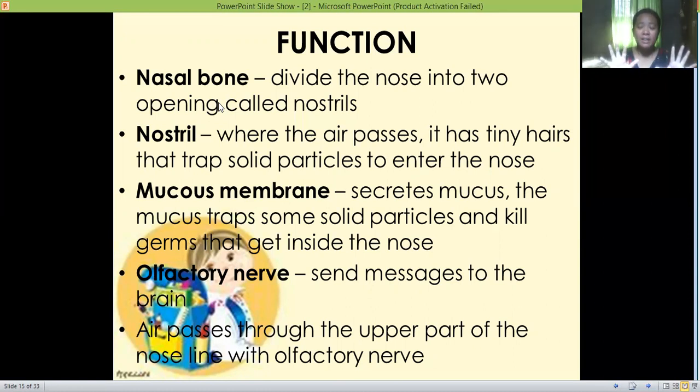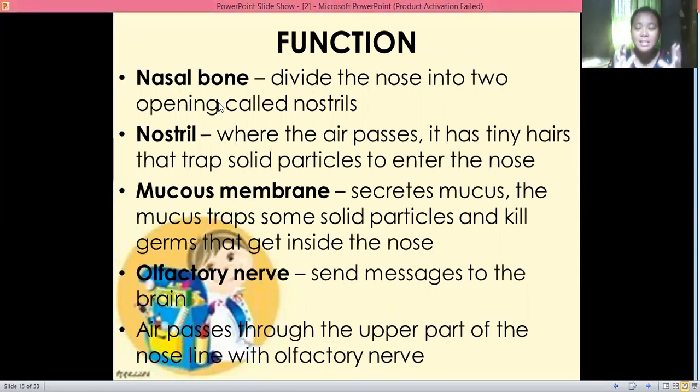The work of the tiny hairs is to trap the solid particles. It's like a shield inside your nose para hindi makapasok yung solid particles. For example, small stones hindi makapasok, andyan yung inyong tiny hairs sa nostril.